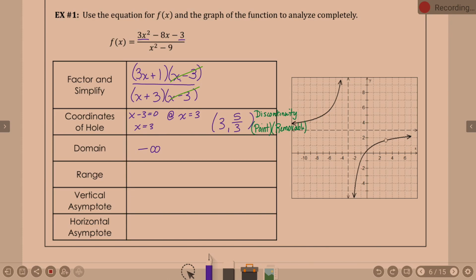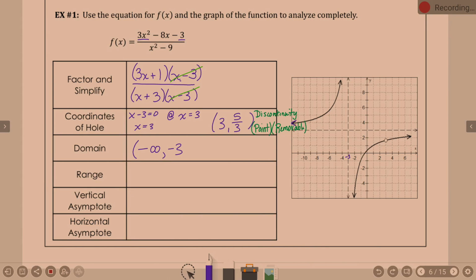Infinities always use parentheses. My graph goes to negative infinity, it's going and going. How far does it go? It's going to this asymptote. And that asymptote is at negative 3.